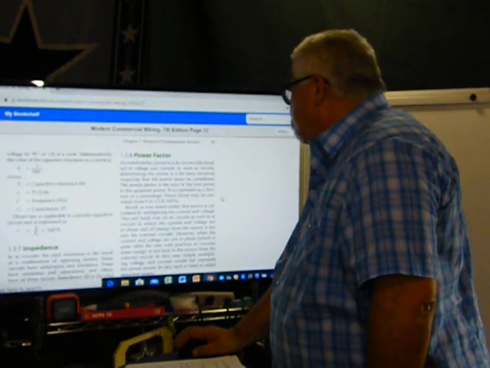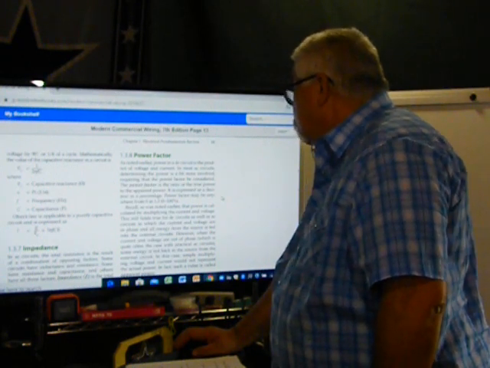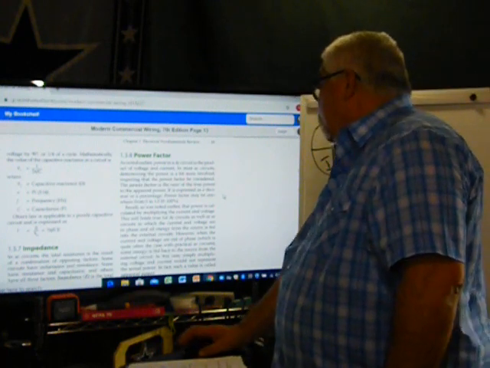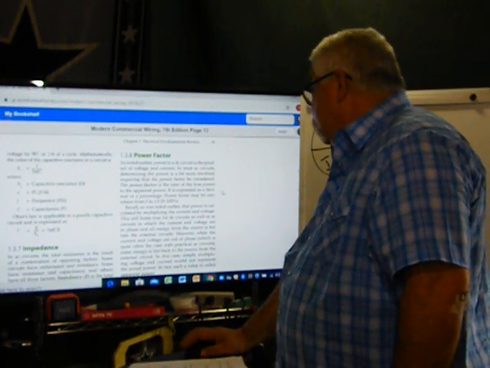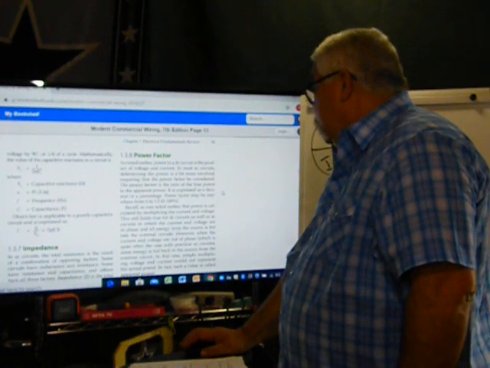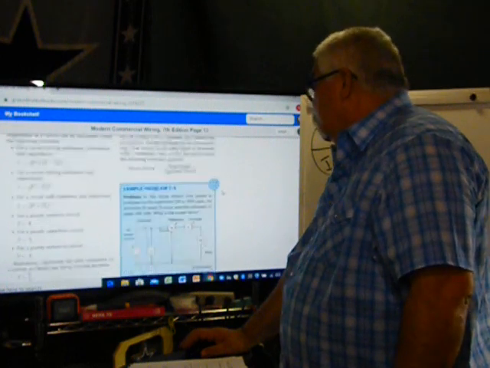It says, notice the power factor in a DC circuit. The product of voltage and current in most AC circuits determines the power. The power factor is a ratio of the true power to the apparent power. It is expressed as a decimal and a percentage. Power factor may be 0 to 1.